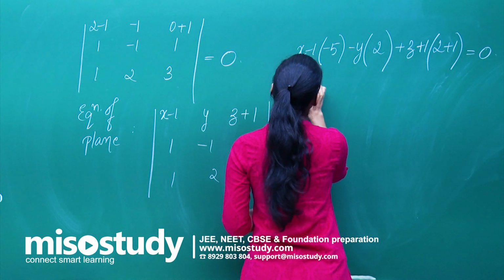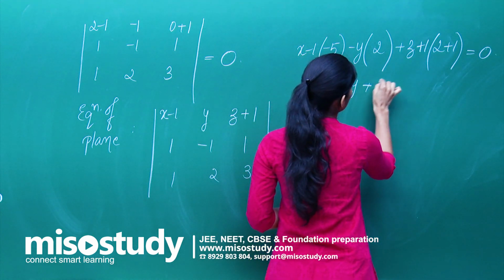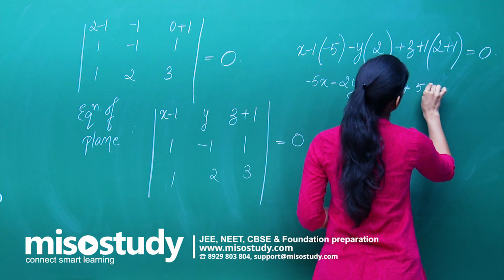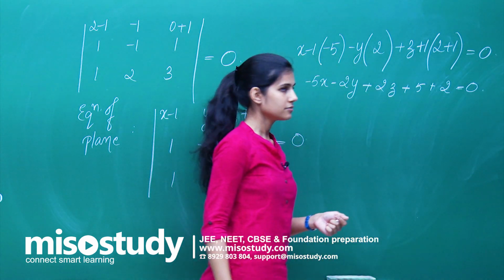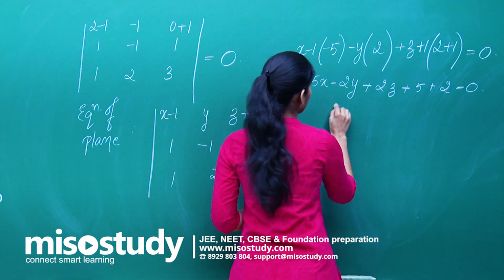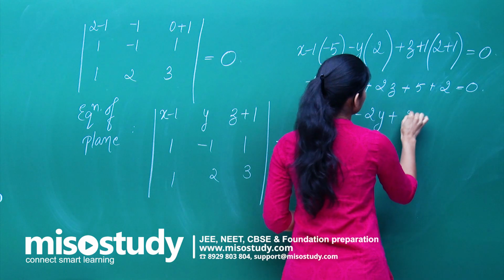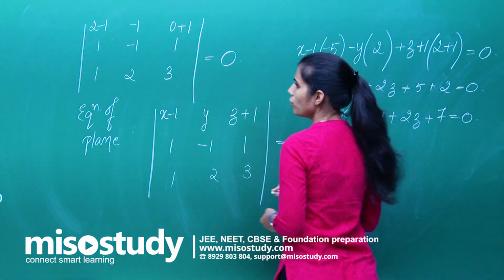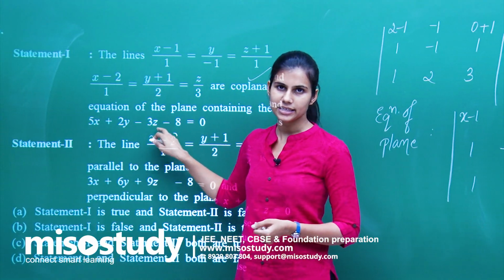You get basically minus 5x minus 2y plus 2z plus 5 and plus 2. Right? So you have 5x minus 2y plus 2z plus 7 equals 0. You want 5x plus 2y minus 3z minus 8 equals 0.